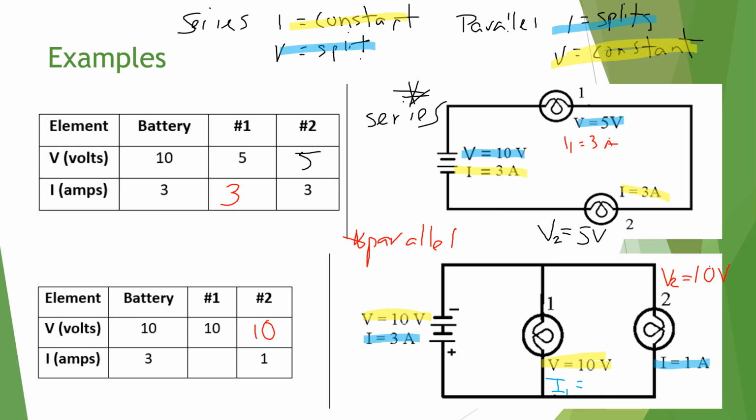Okay, so the current of load 1 plus the current of load 2 equals the total current. So we need to figure out what plus 1 equals 3, and we know that that is 2. Okay, you can also do 3 subtract 1 to get 2. Okay, so this is showing you that I1 plus I2 equals I total. So I'm going to put 2 amps there.